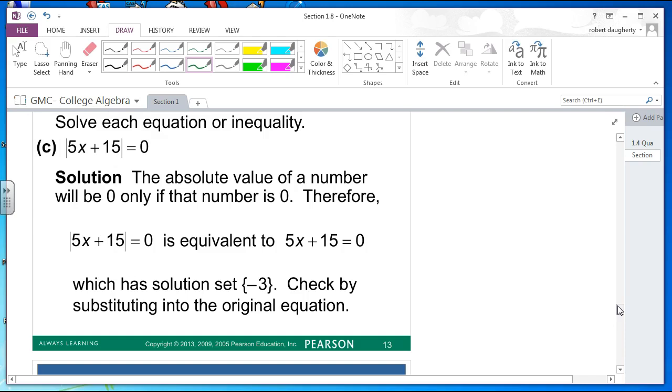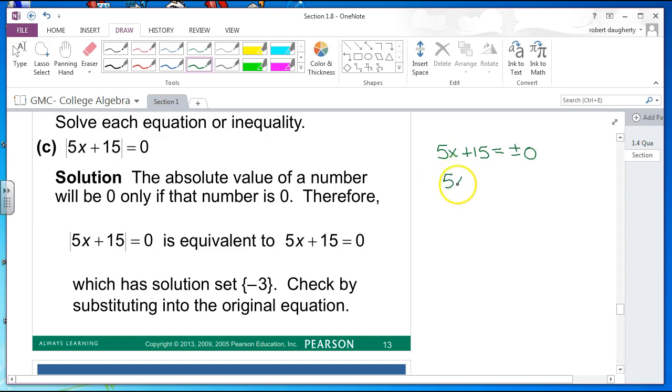Another special case, |5x + 15| is equal to 0. The way we typically solve this, we would say 5x + 15 is equal to plus or minus 0. Well, that doesn't mean anything, plus or minus 0, because 0 has no sign.